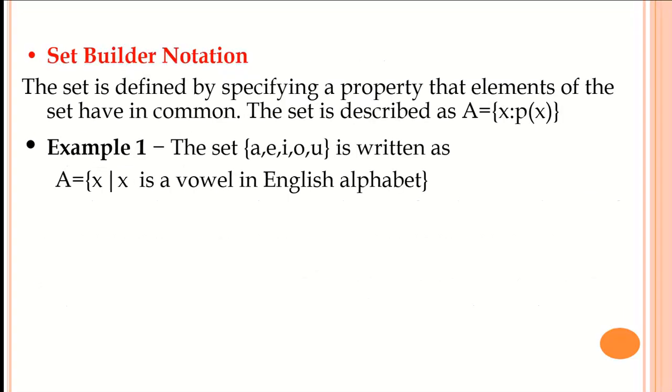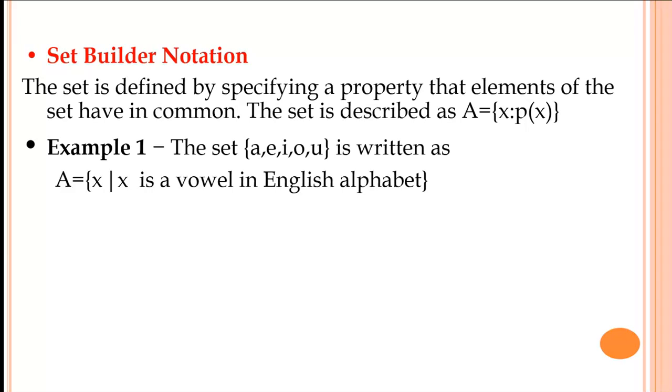Next is set builder notation. How do we represent a set in set builder notation? The set is defined by specifying a property that the elements of the set have in common. So the set is described as A equals {x such that property of x}.